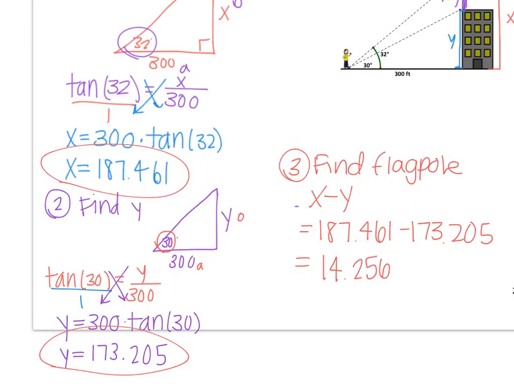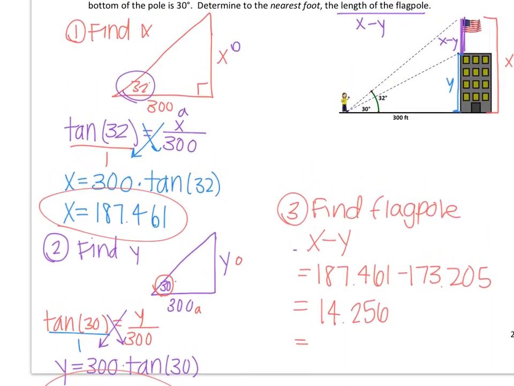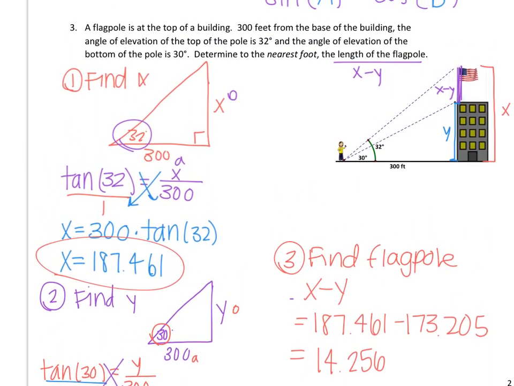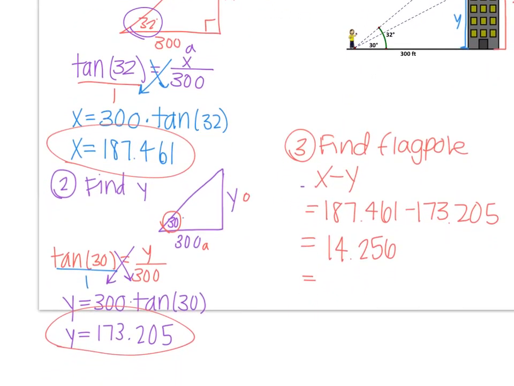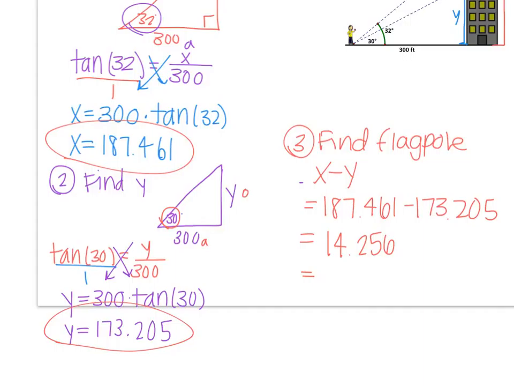I found 14.256, and when we round, let's go back up to see how it says to round. Round to the nearest foot. So again, that's a whole number. Nearest foot. That means that we're at 14 feet. Final answer, the height of the flagpole is 14 feet.